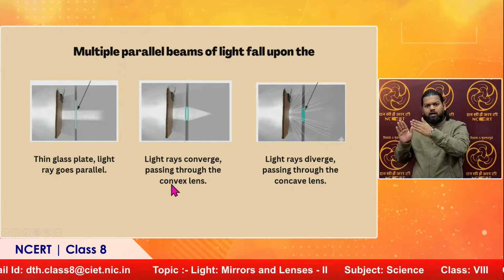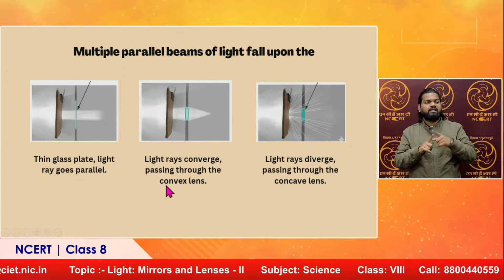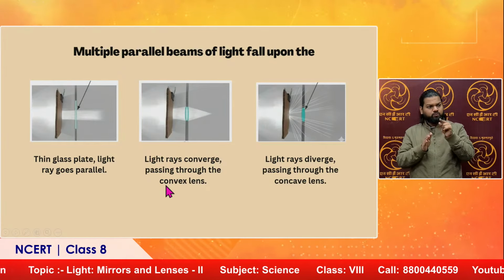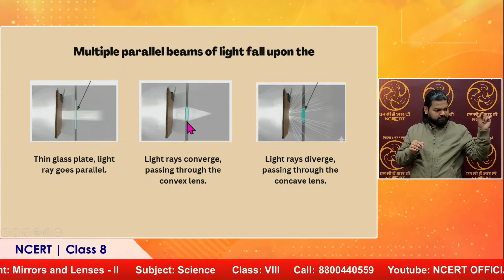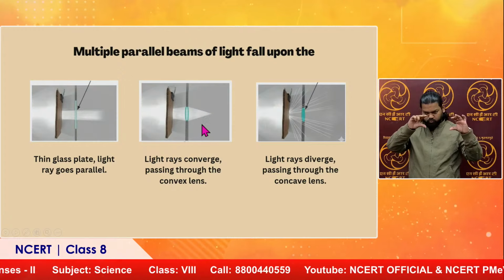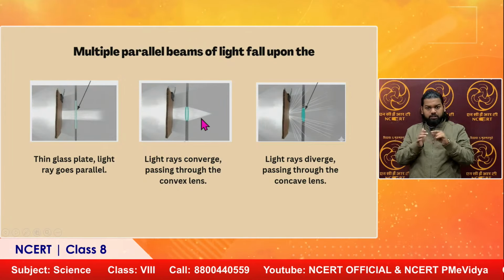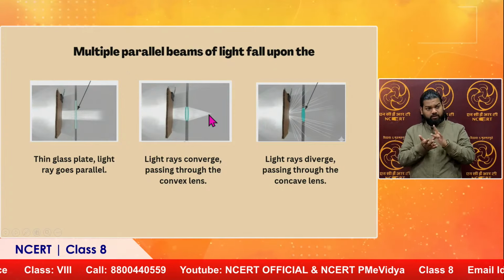When we have a convex lens, the one which is thick from the middle and tapers from the sides, what happens? The light rays get converged. So convex lens is a converging lens. It brings the light rays to a single point.